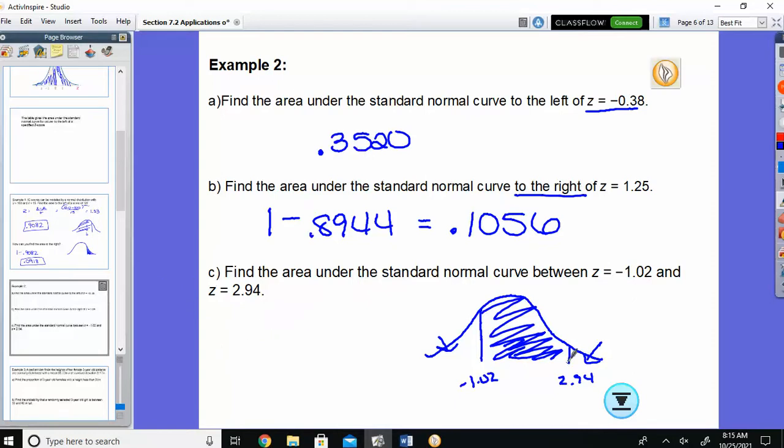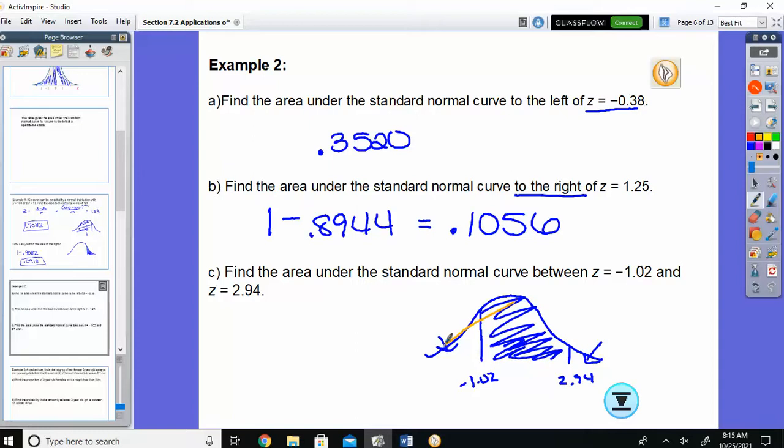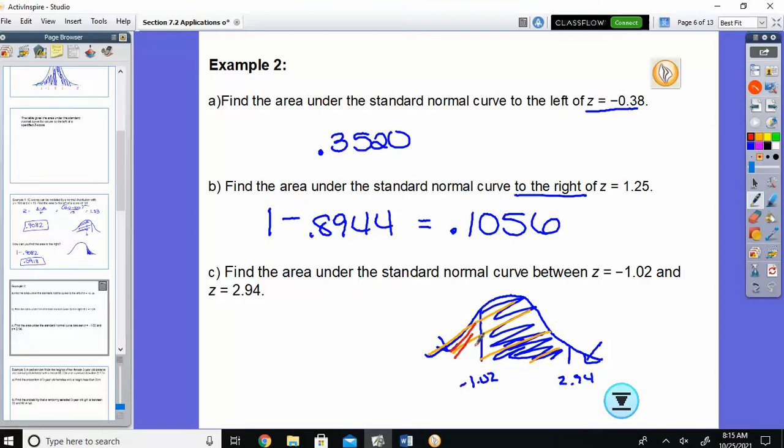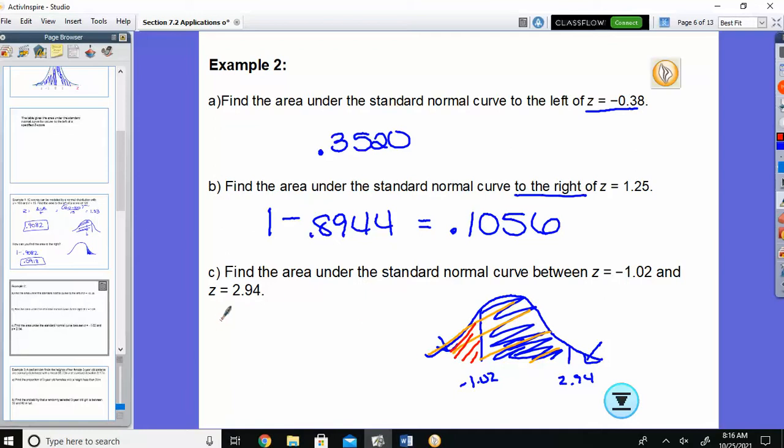The other option is if you did the 2.94 and you read that from your table, it's going to give you all of this. And then if you look up the 1.02, it's going to give you this, so you should subtract those two numbers. That works great as well. So let's do that second option.